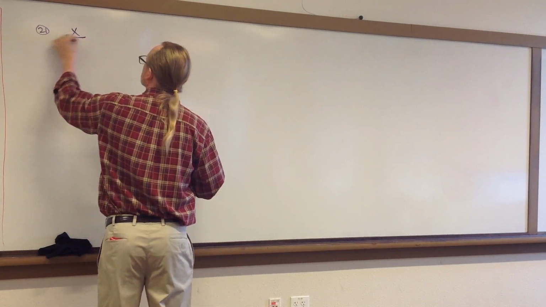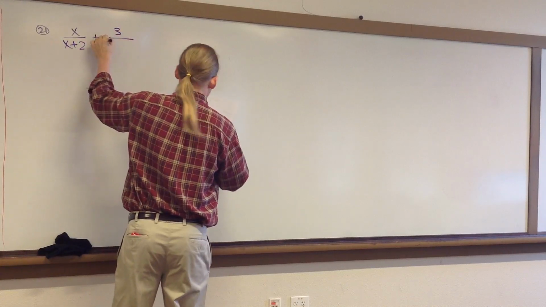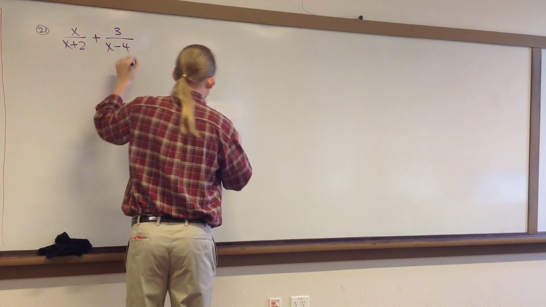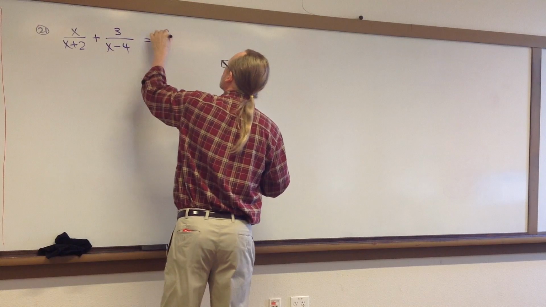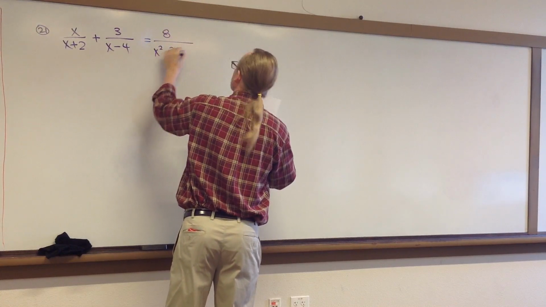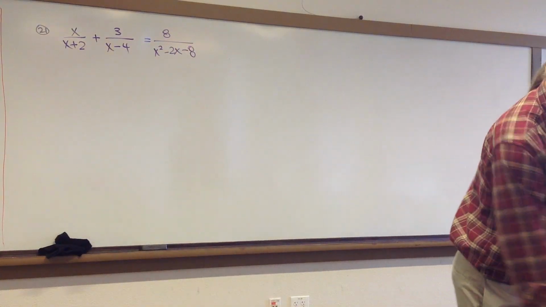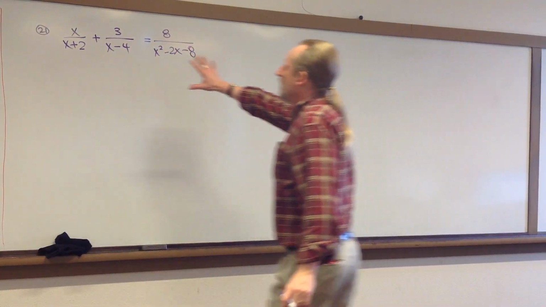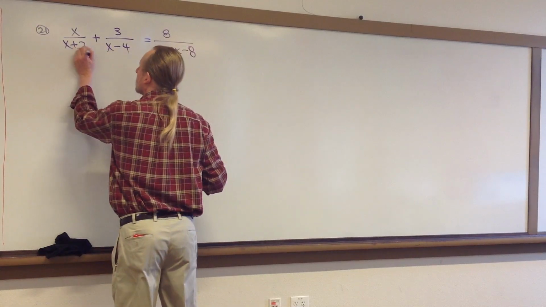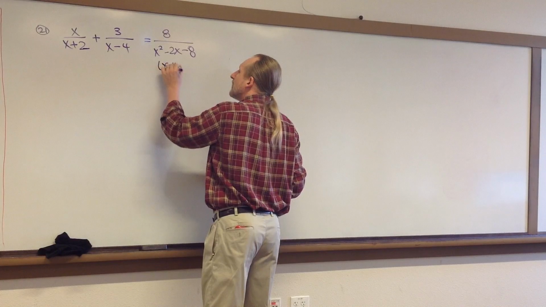Start out x over x plus 2 plus 3 over x minus 4 equals 8 over x squared minus 2x minus 8. Okay. So, these two denominators are prime. They can't be factored. This one can be factored into the product of the other two.